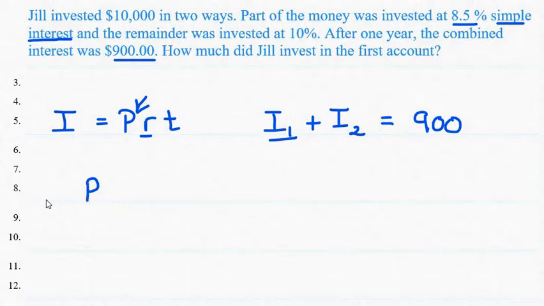I'm going to put that out here, 0.085. Okay, so we got to convert that over. The time was 1 year, and that is right here. Okay, and it accounts for 1 year.